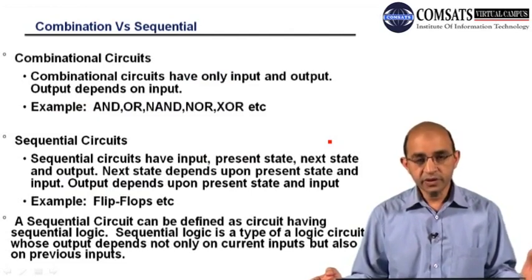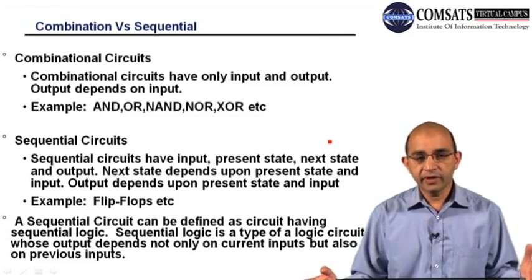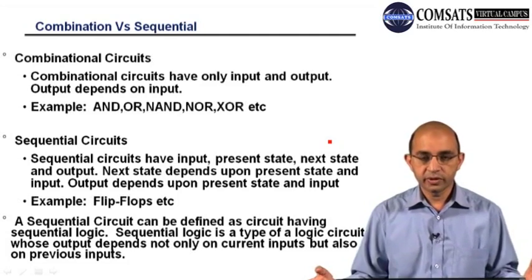When we talk about combinational circuits, we have the output present as long as the input is there. When we remove the input, there will not be any output. This is one main feature of the combinational circuit.